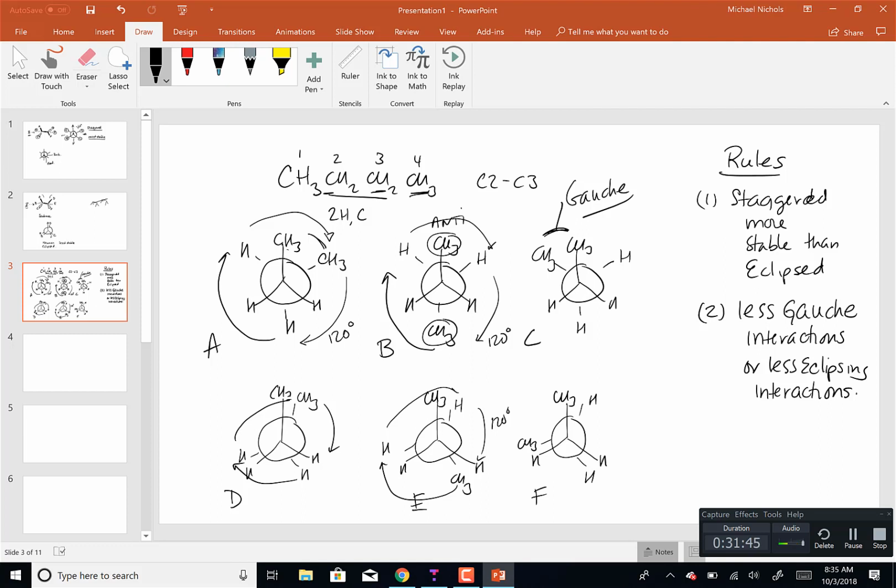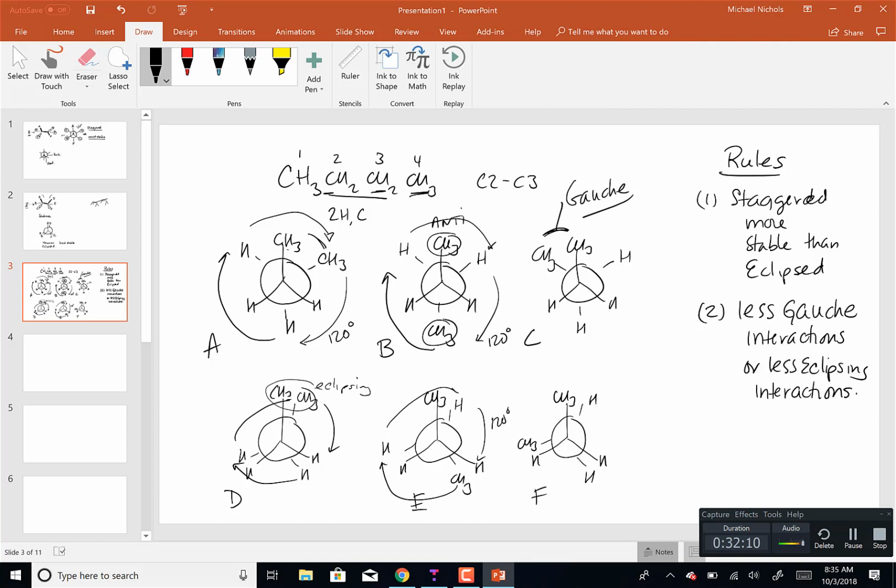In eclipsing, these two methyl groups, those are eclipsing. And so the more eclipsing interactions, the greater the energy and the more unstable the molecule. All right, so that's the second rule.